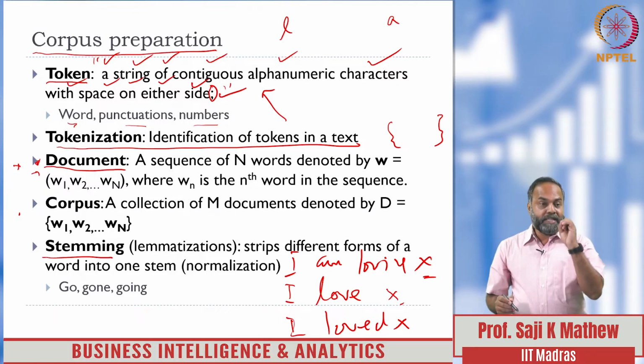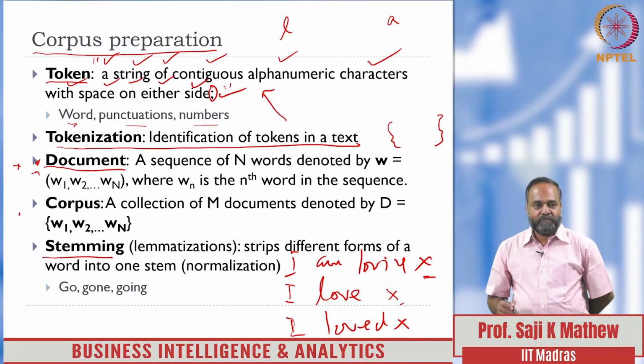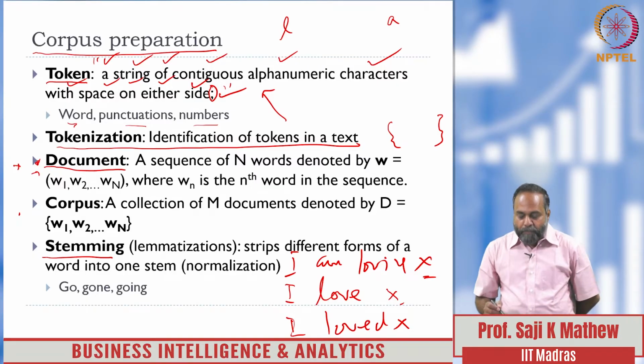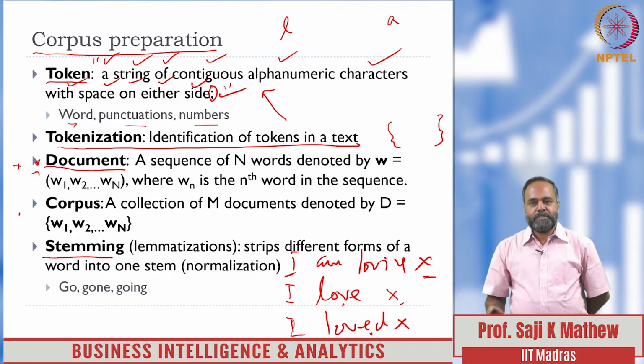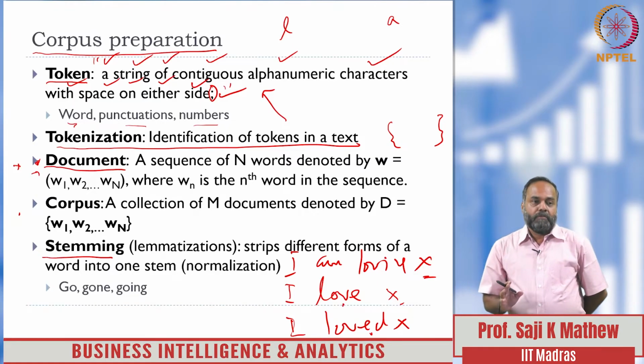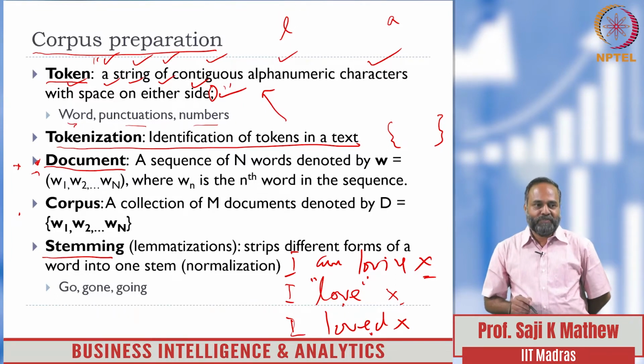So there is a sentiment which is a strong sentiment, love, but you look at the different forms of that word. There is loving, present continuous tense, there is loved, which is past tense, there is love, which is present tense. Now if you only count the word love, how many times has it occurred? Only one, but you want to see the sentiment wherever it is expressed.